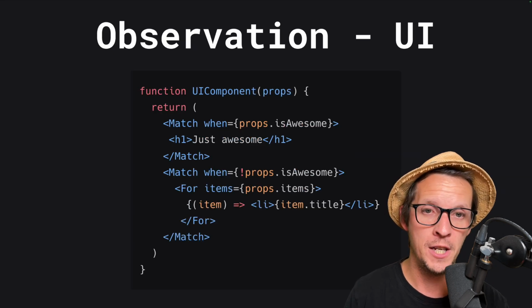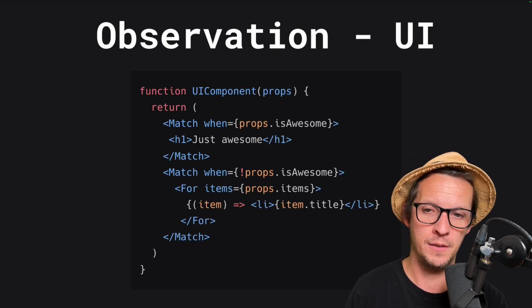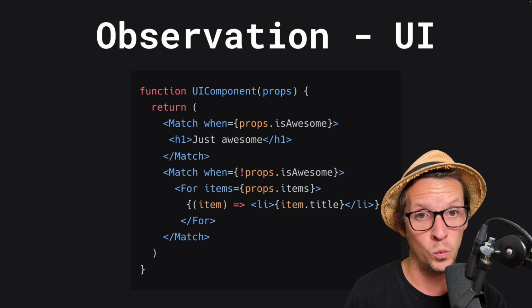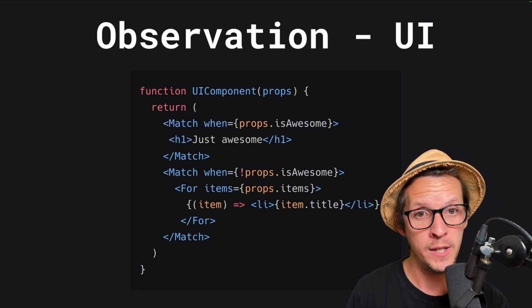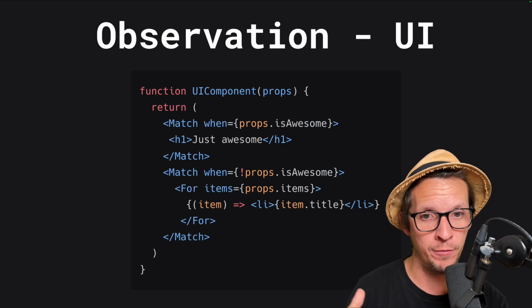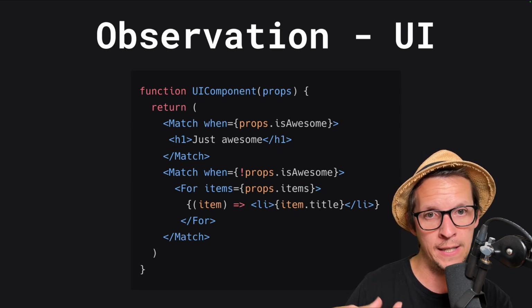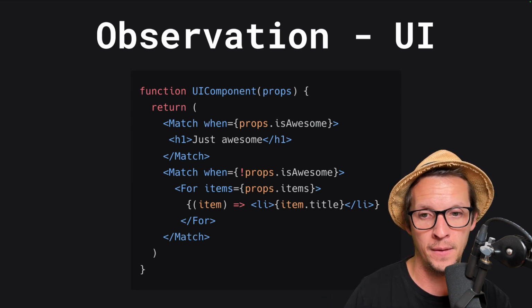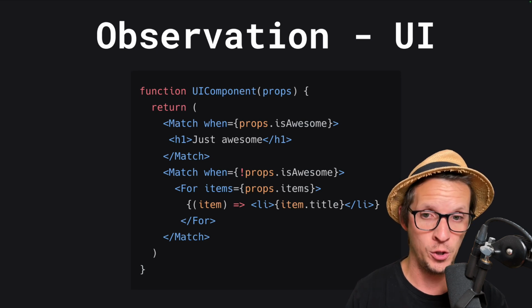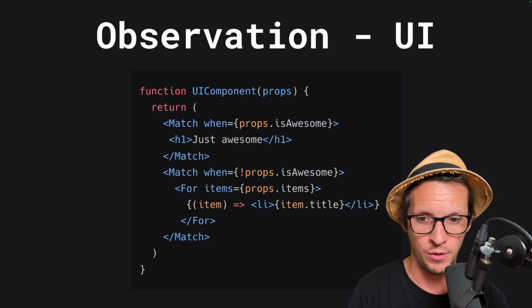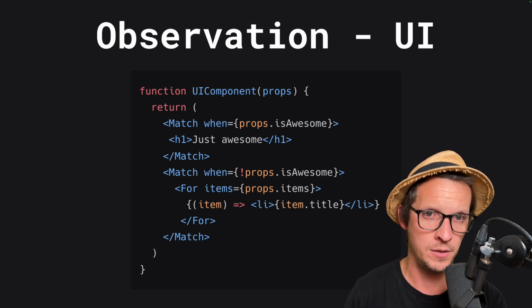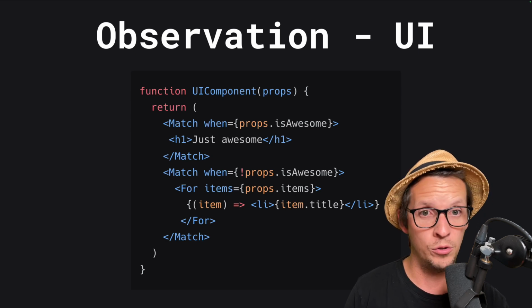But when it comes to observation, it flips around, because with observation, you only call the function component once, and you have to bind the state dependencies coming from the props to these primitives that will create the dynamic behavior of the UI, like a match or a for or whatever. This is just pseudocode. It needs to do that.